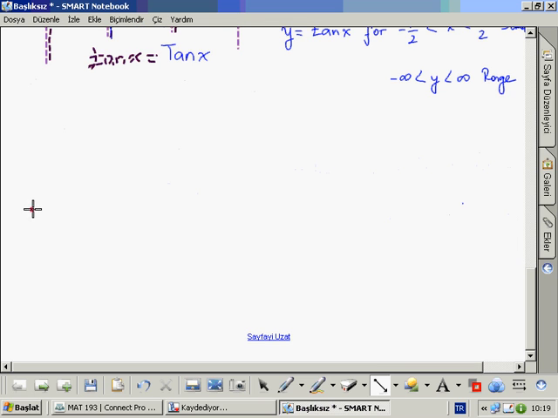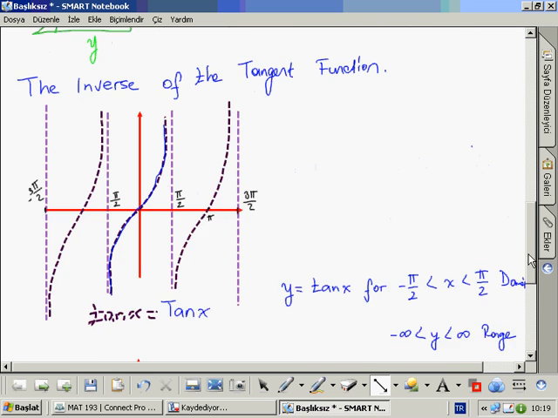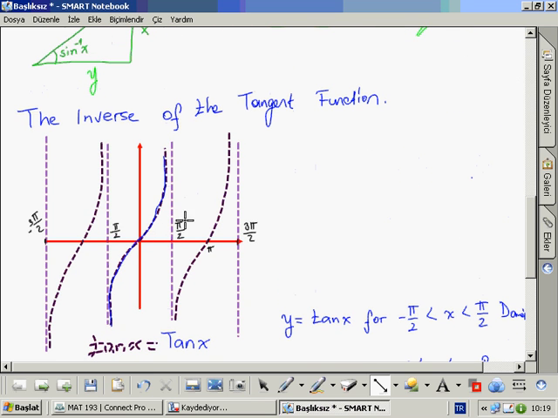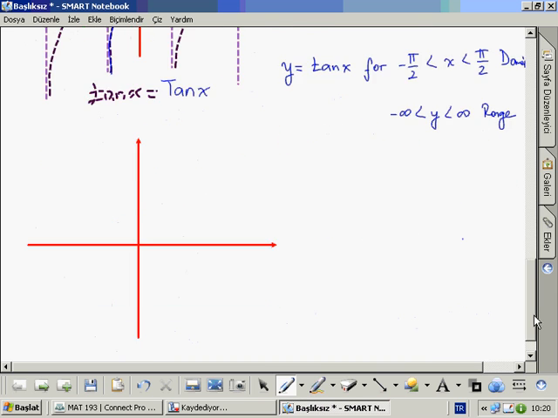Now let me sketch the inverse tangent function. As you see, these values are pi over 2 and minus pi over 2. This is plus pi over 2, and this is minus pi over 2, the asymptotes.